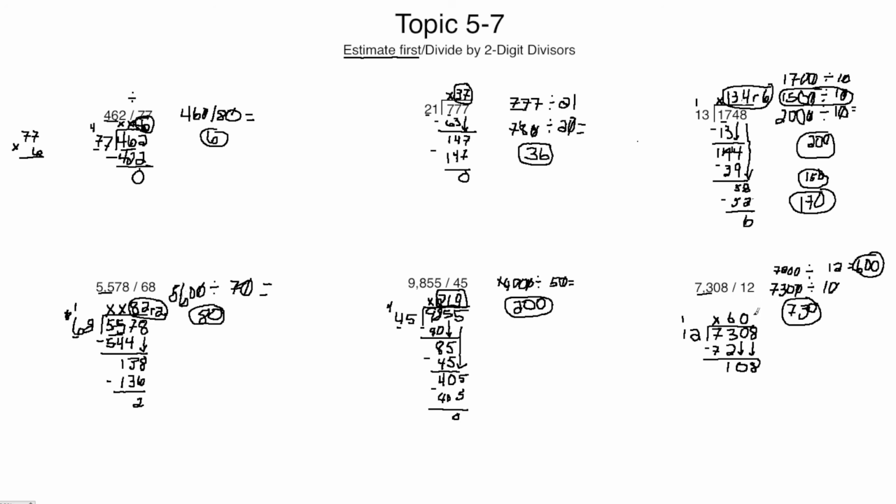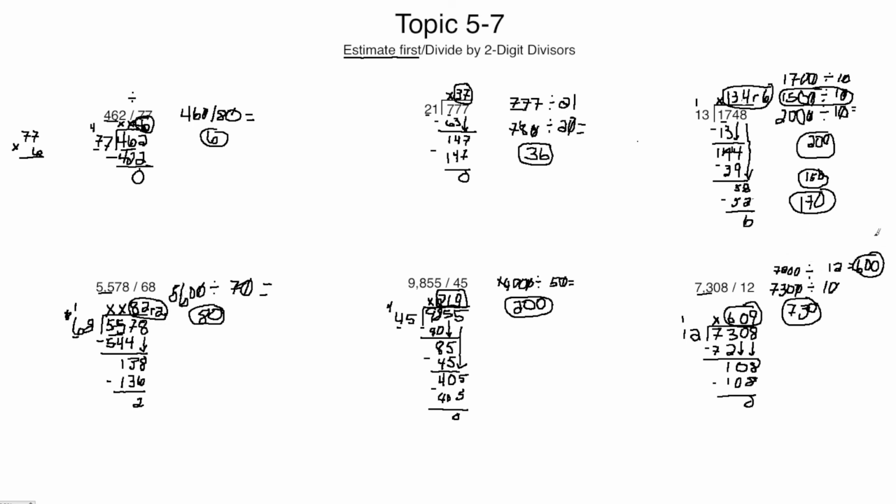Well, let's see here. 9. So let's try 9 times. 1 goes into 10. Can't fit 10. So we're going to try 9. 9 times 2 is 18. 9 times 1 is 9, plus 1 is 10. So 108 minus 108 is 0. So our actual answer is 609.